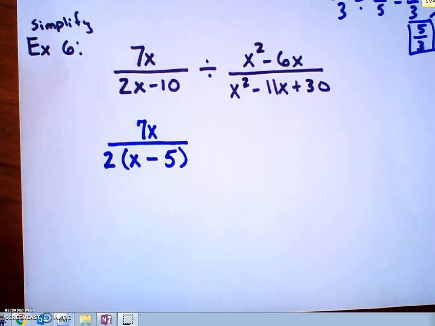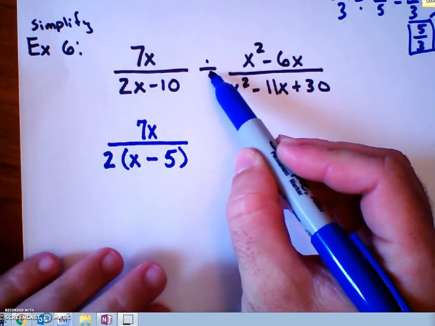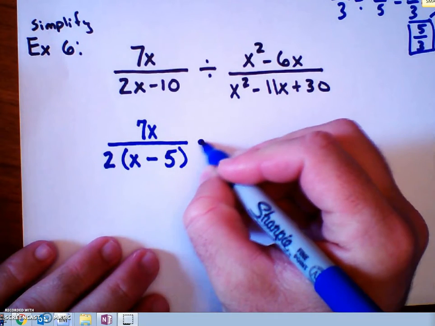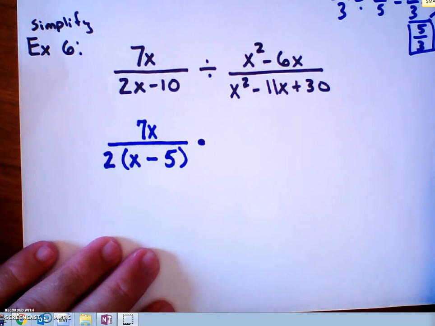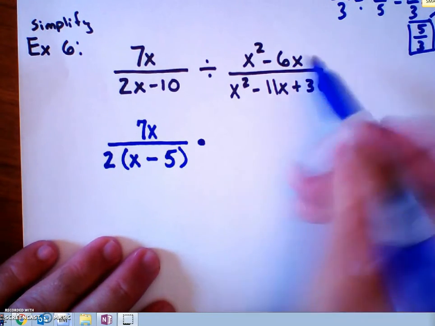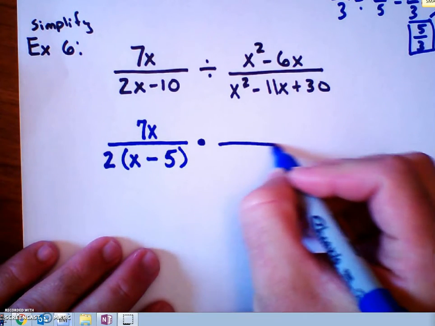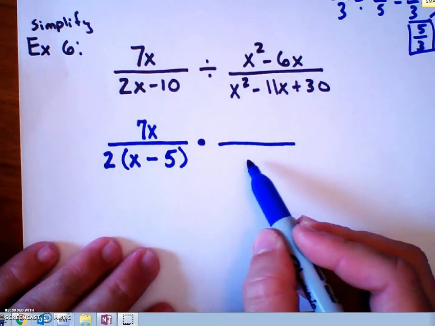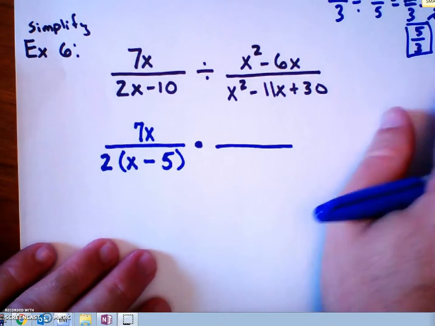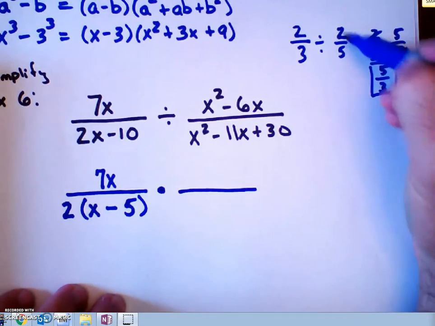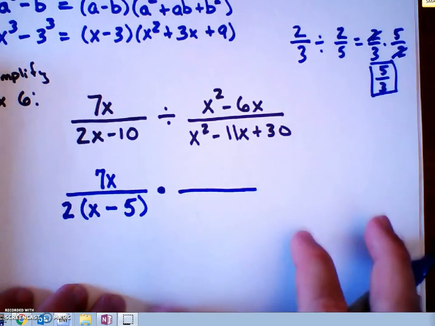And we're going to combine this next step with our factoring. I'm going to change this division to multiplication. And I'm going to flip my right fraction. So when I factor the top, it's now going to go on the denominator. Just like we did over here. When we changed it to multiplication, we flipped that right fraction. Same thing here.